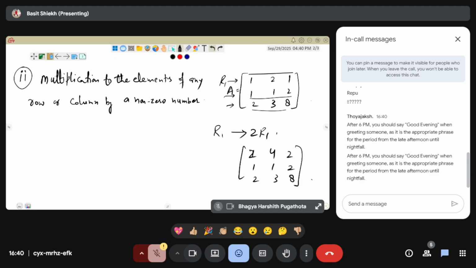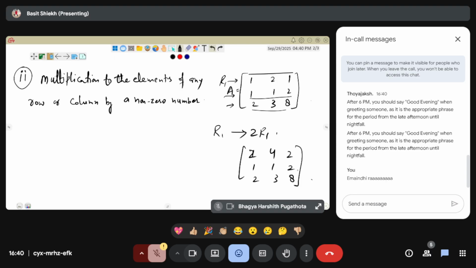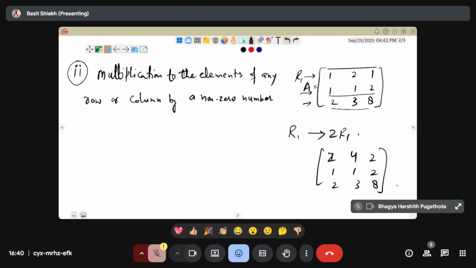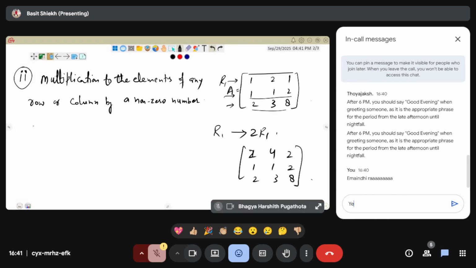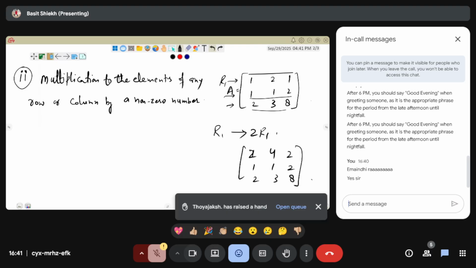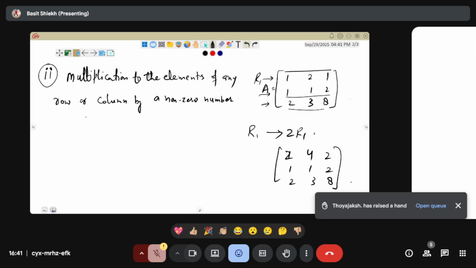Say good evening when greeting someone, as it is an appropriate phrase for the period from late afternoon until nightfall. Okay, usually I choose, I have also learned from someone, they usually say after 3 we say good evening. Afternoon is only around lunch, like 12 to 2 usually.